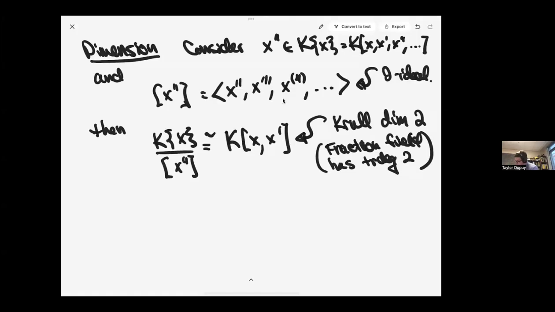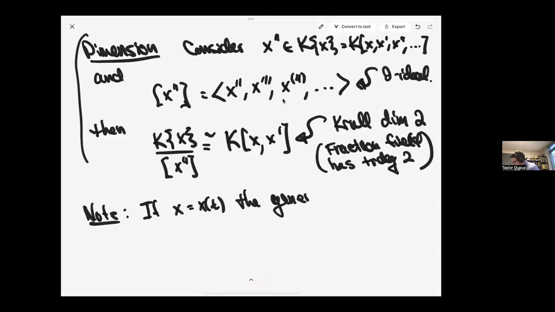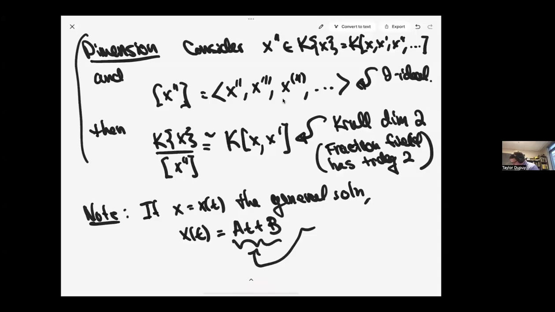One thing that I want to note here is that if we think of x as depending on some variable t, the general solution of this looks like x of t equals at plus b, and you'll notice that there are two constants of integration.